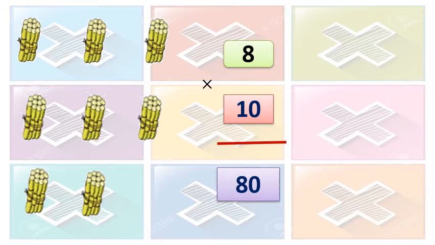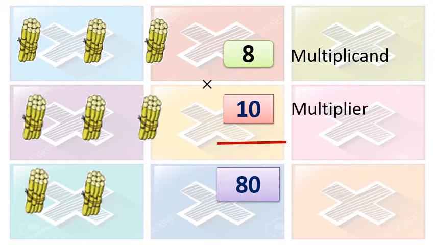Dear students, please observe this 8. This is called multiplicand. Means the number which is multiplied is called as multiplicand. And 10, this is called multiplier, because we are going to multiply 8 by 10, isn't it?